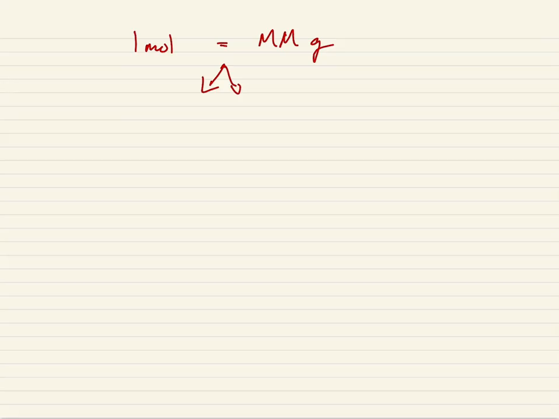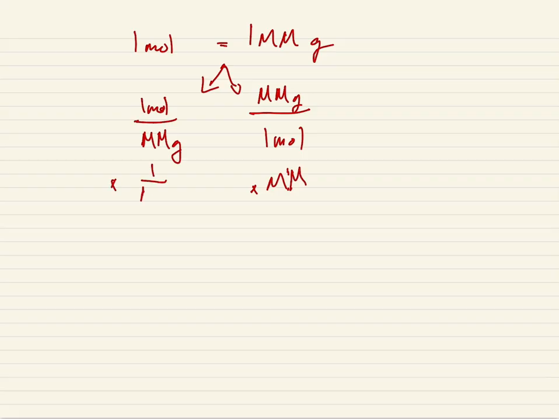That means that our two conversion factors are 1 mole over the molar mass in grams, and the molar mass in grams over 1 mole. This is the same thing as multiplying by the molar mass. And this is the same thing as multiplying by 1 over the molar mass, or dividing by the molar mass.